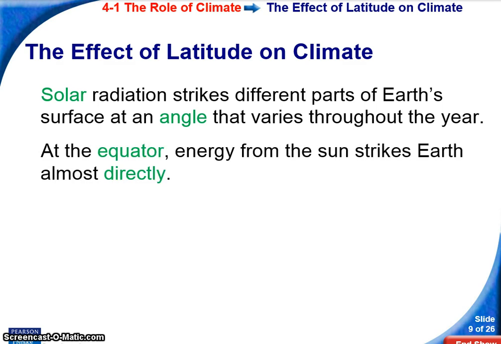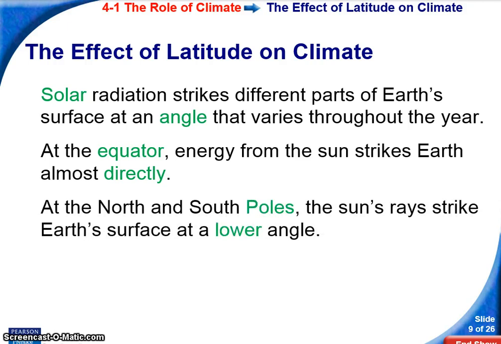At the equator, energy from the sun strikes the Earth most directly. So that's why we know that the land masses that surround the equator are going to have the hottest, warmest temperatures during the year. At the north and south poles, the sun's rays strike the Earth's surface at a lower angle, so they are going to be the colder parts of the Earth.